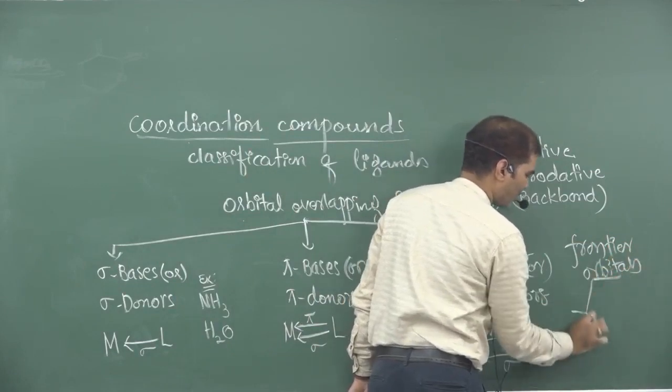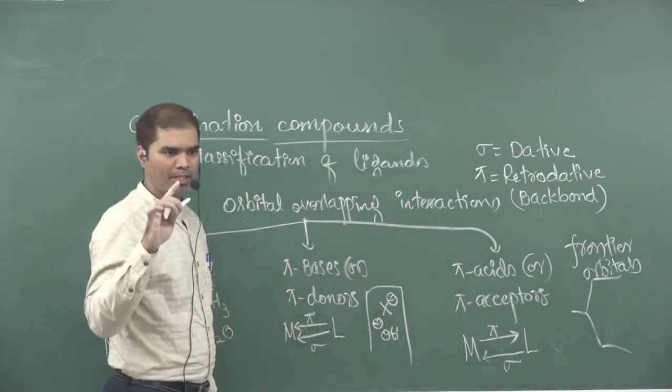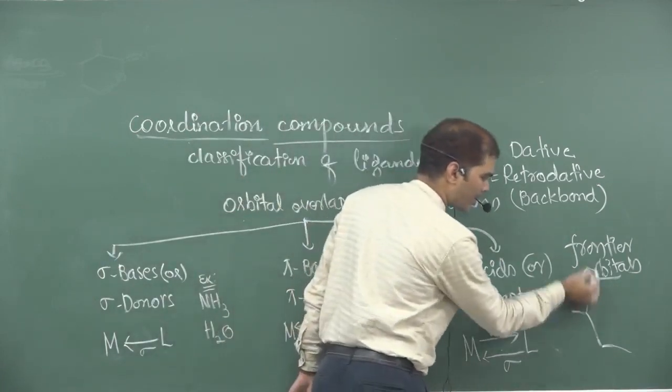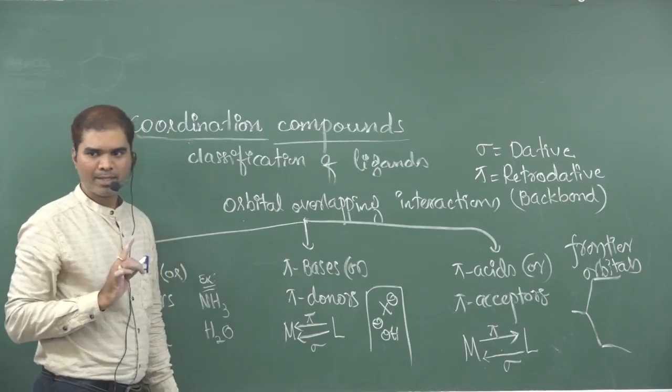The gap will increase a lot whenever it is a pi acid. If I am taking an example of an octahedron, the gap between T2G and EG will increase a lot. That will happen only if it is a pi type of ligand.